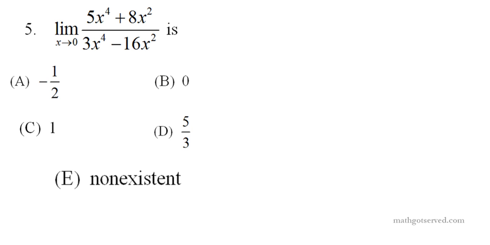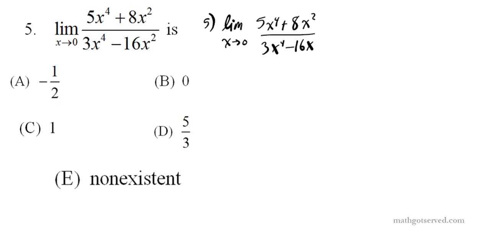All right, let's take a look at problem 5, the last in this review installment. Now, we're to find the limit as x approaches 0 of 5x to the 4th plus 8x squared over 3x to the 4th minus 16x squared. This is a finite limit, so the first thing we'll do is substitute.